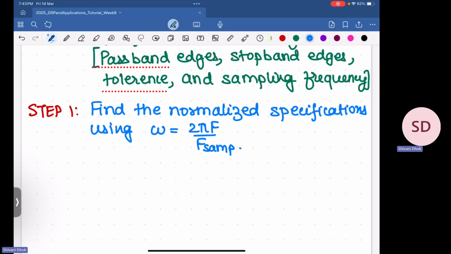So this is the first step. Now this will lead to some pre-warping effect. Now we need to undo that effect.